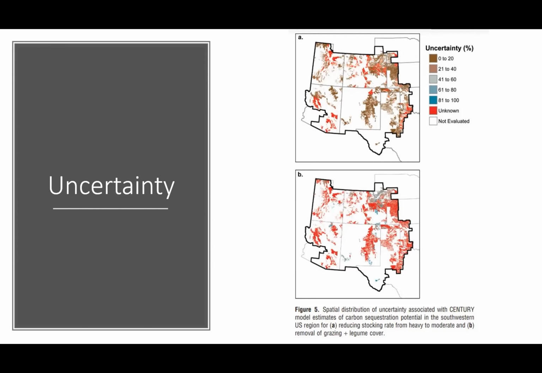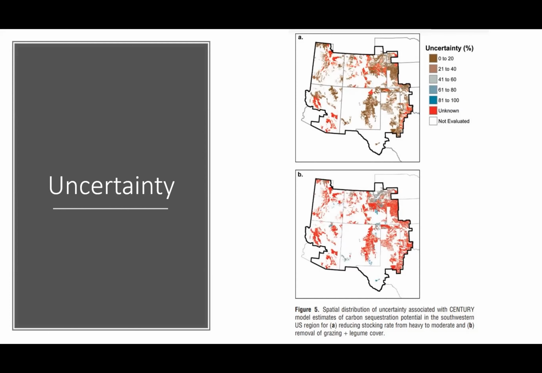Anything that you do with biology or ecology, if you get less than 20%, you're doing very well. Most of the time it's going to be around 20 to 30%. That's kind of a standard for something that is ecological in nature or management in nature.